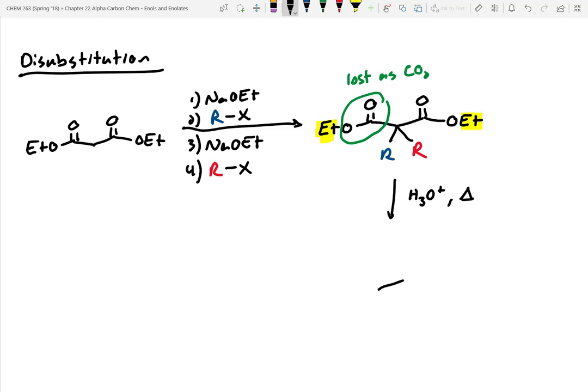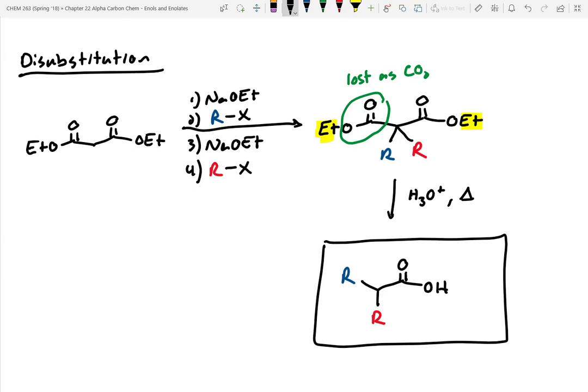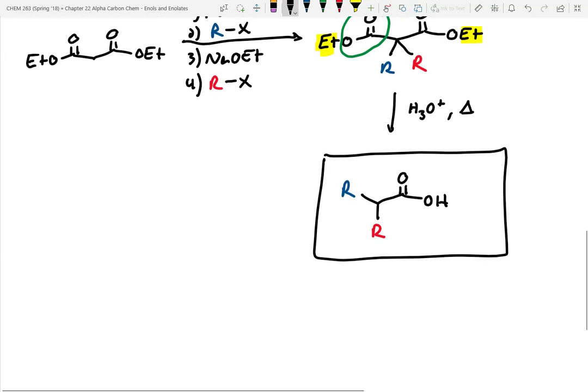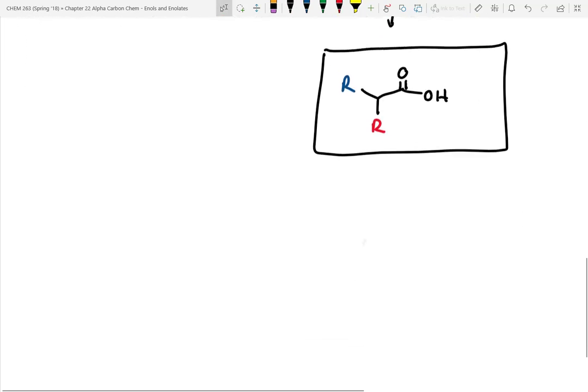So for example, our final product with this one, without drawing the full mechanism, will have an OH here. You'll still have a red carbon on that alpha position and a blue carbon off that alpha position. So this would be your final product if you decided you wanted to do this twice. So let's do a quick comparison.